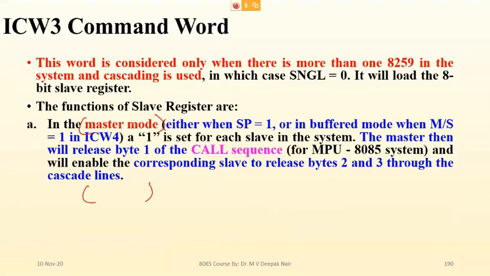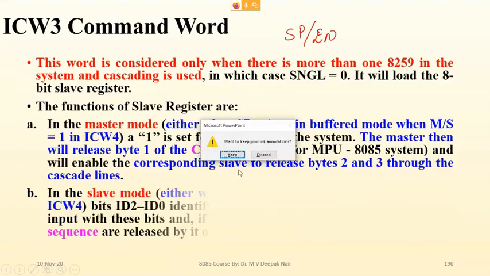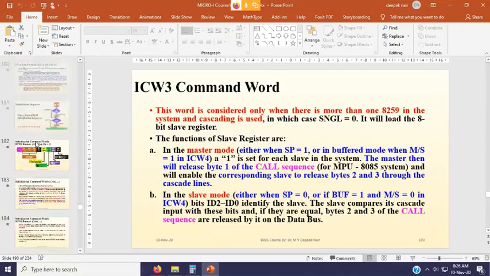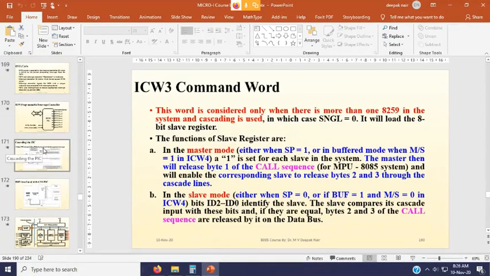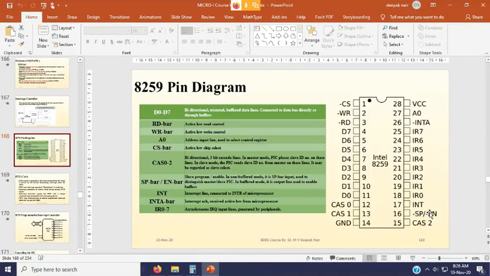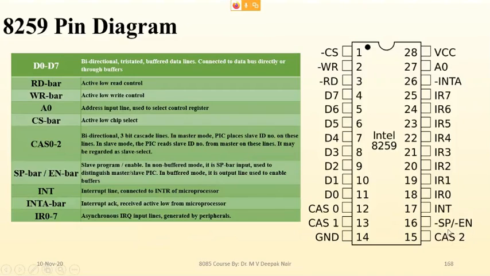How will we identify which one is working as master and which one as a slave? If you remember, there are two lines, SP slash EN, in the 8259. If you can recall the pin diagram, here you can see there is one line called SP/EN.